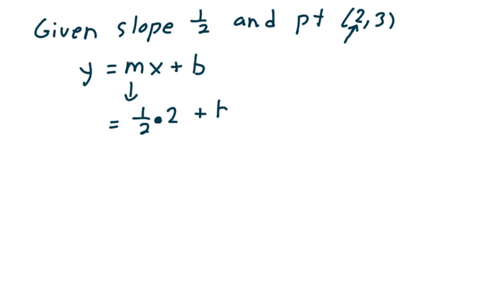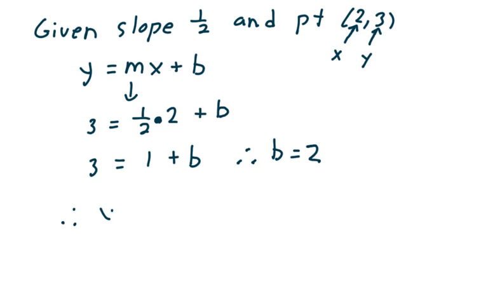I don't know b, but I do know my y value is 3. So 3 equals 1 plus b, and that says b equals 2. And so therefore, y equals, well, actually the slope is a half, right? So it'll be 1/2 x plus 2.